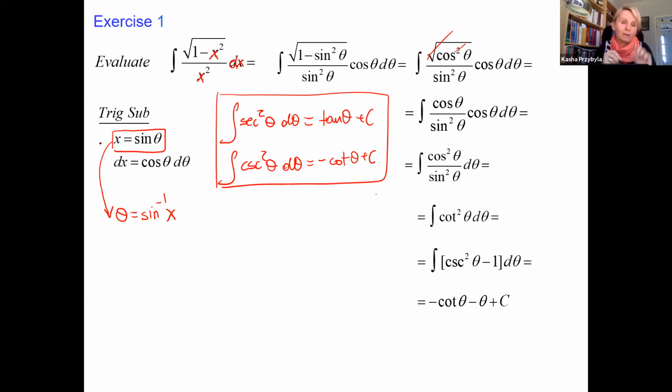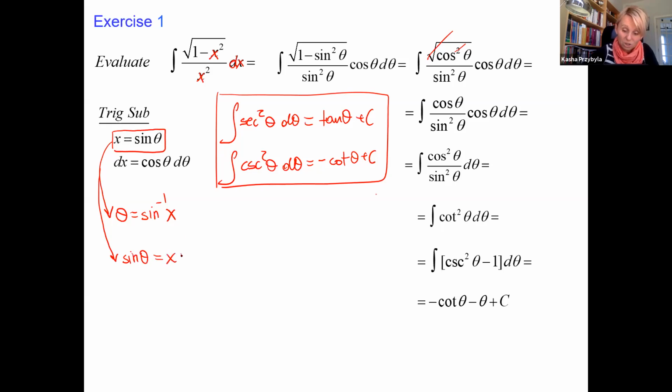And you probably remember the triangle method. Maybe we remember it from trigonometry. I can show you. That will be crucial and important. Let's say one more time: sine theta equals x.